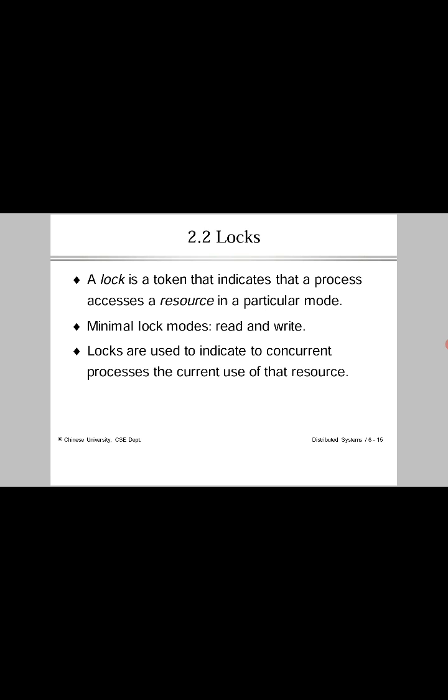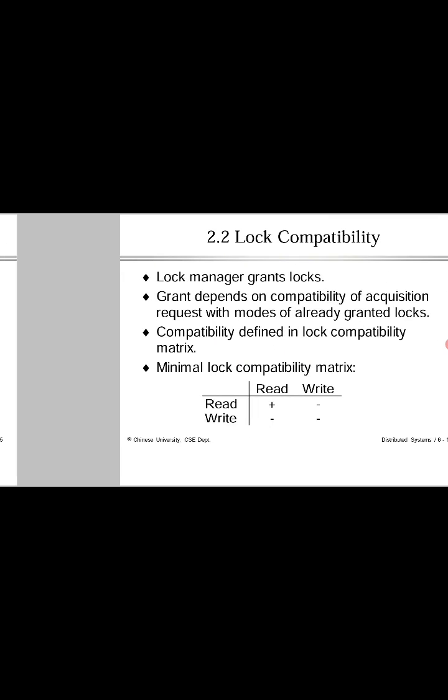Locks are used to indicate to concurrent processes the current use of that resource. So generally locks are used to identify which resources are used to read and which resources are used to write.